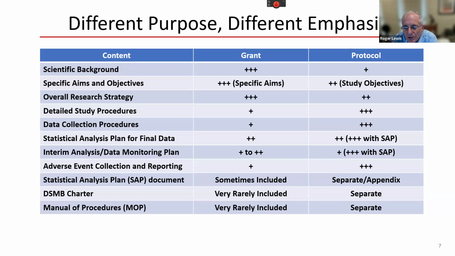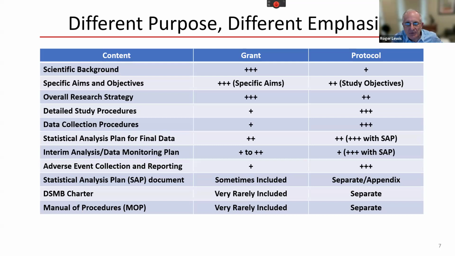Whereas in the protocol, the assumption is that the funds to run the study exist, it's already been deemed important. The only scientific background there is the background necessary to understand the terminology or overall purpose. You're no longer trying to convince somebody that the study should be done.